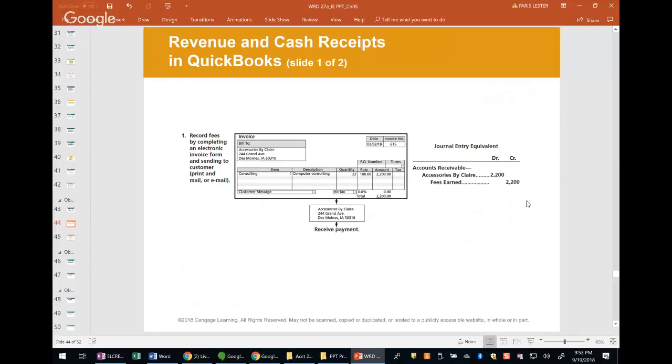Now, Mr. Imo converted it over just to QuickBooks. So we do have a course, whether you're an accounting major or not, if you want to take a course in QuickBooks, called Accounting Information System.